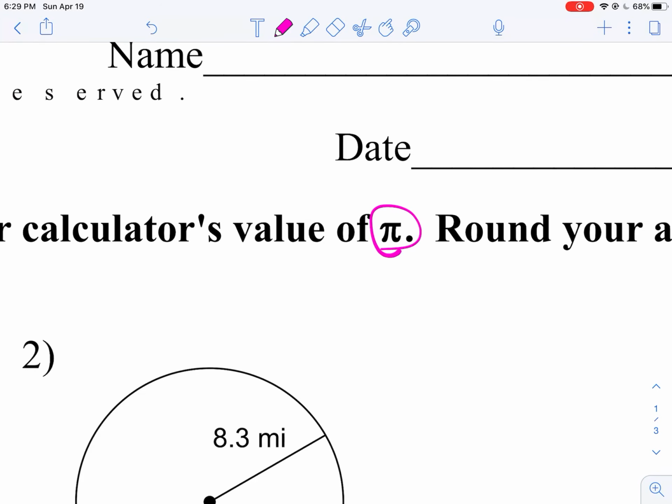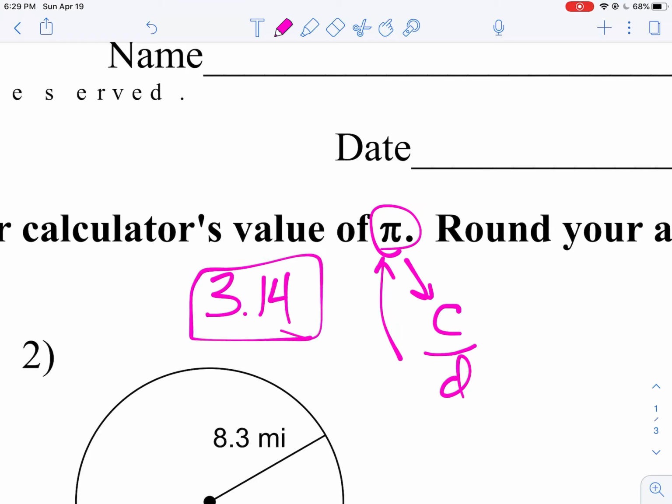Pi comes up with circles specifically because in all circles, if it's a true circle, pi is always going to be the circumference of the circle divided by the diameter. So circumference divided by diameter is always going to be pi. And what is pi? The number. Most of us should at least know 3.14, right?